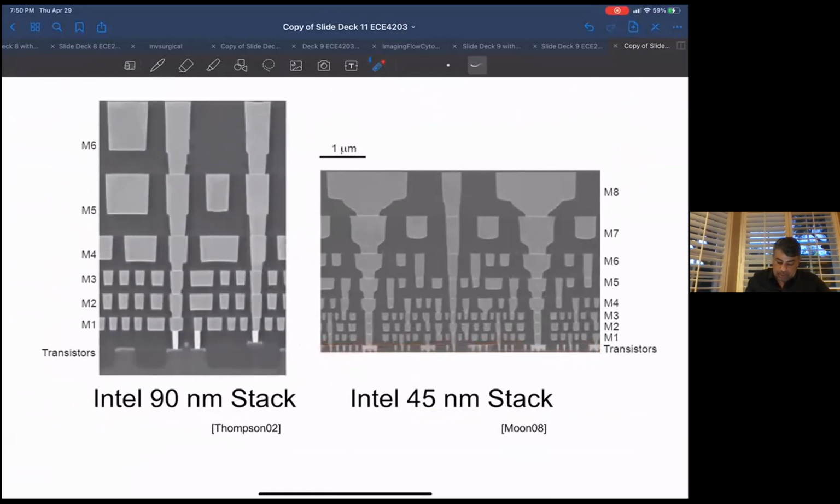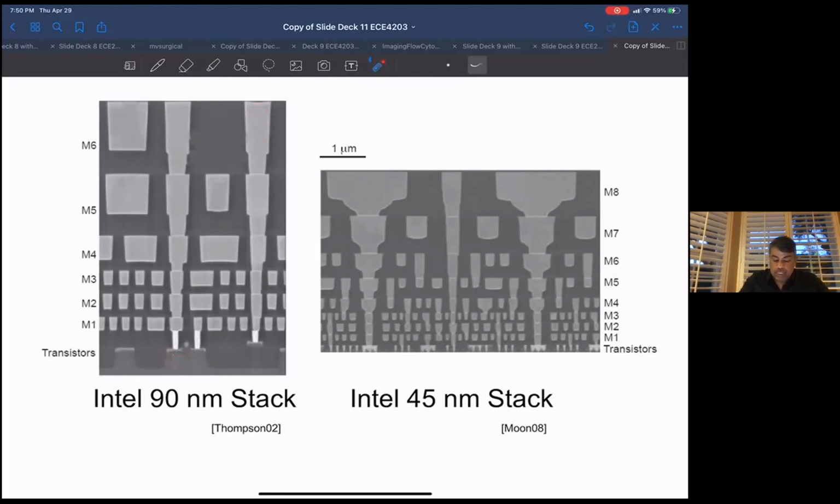This is a contact to, it looks like a gate here, a drain and source here. And then you can see how the metal thicknesses start getting much bigger than even the transistor width, especially when you go up to metal 6.